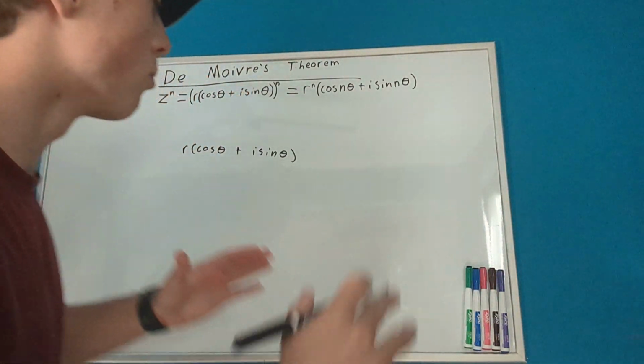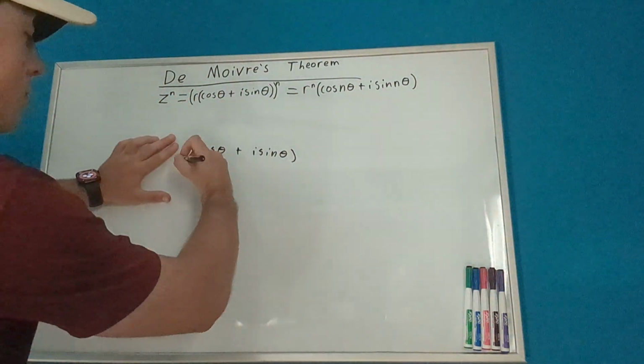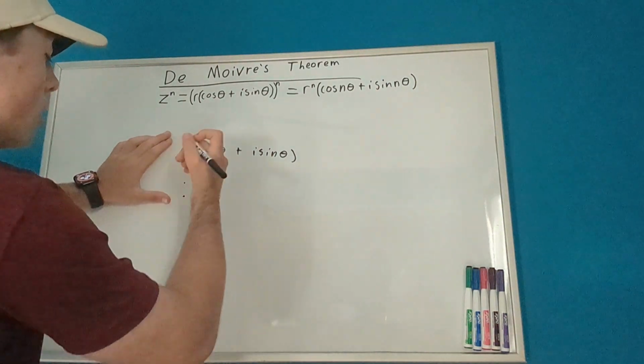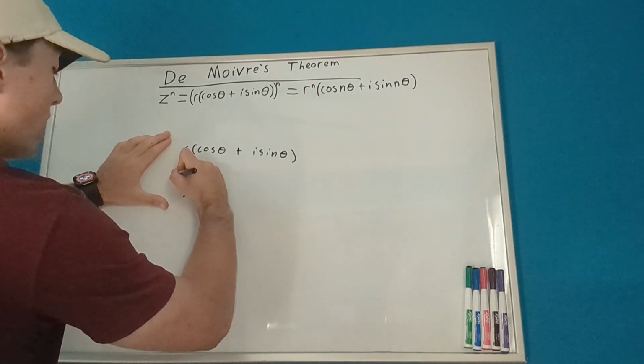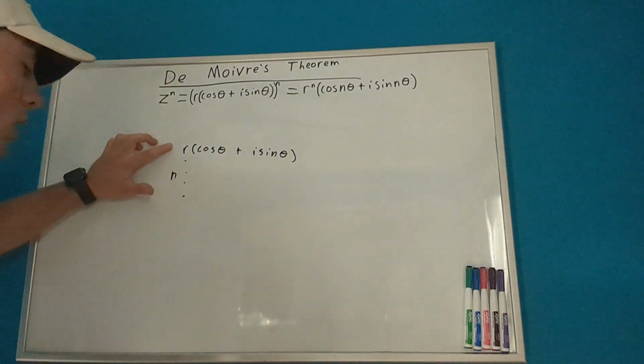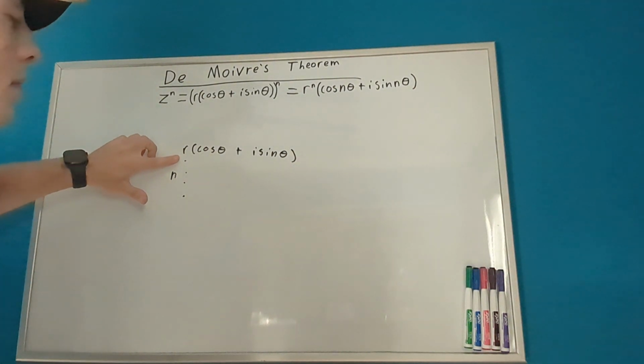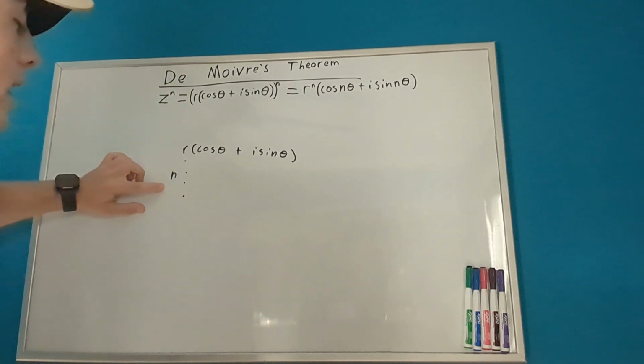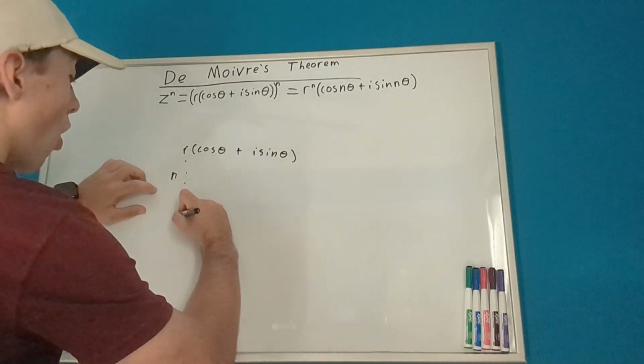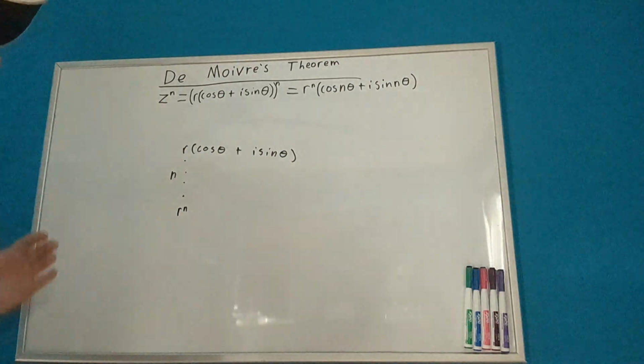Every single time we have an r, we're multiplying r by that next one. So that is just r to the n.